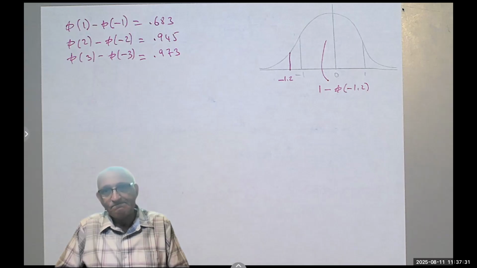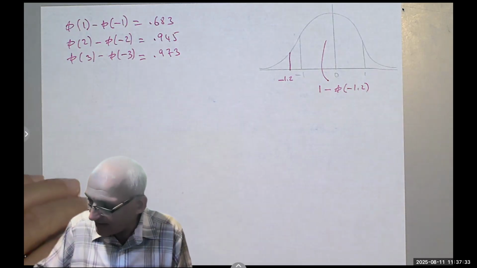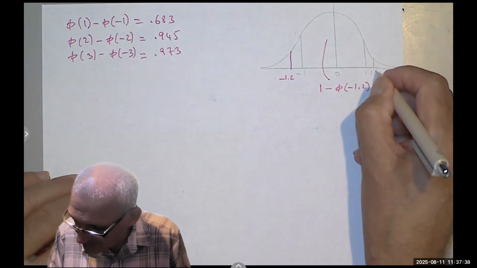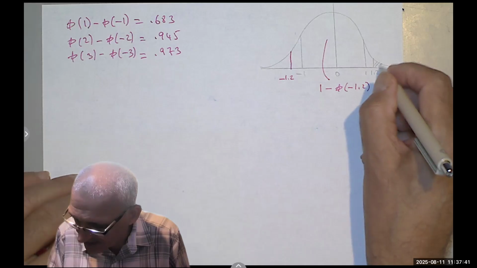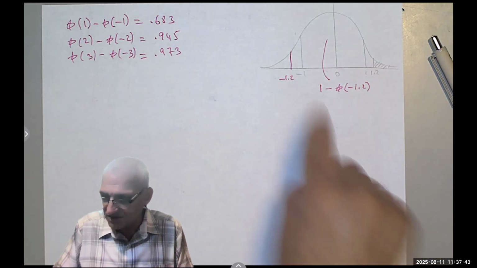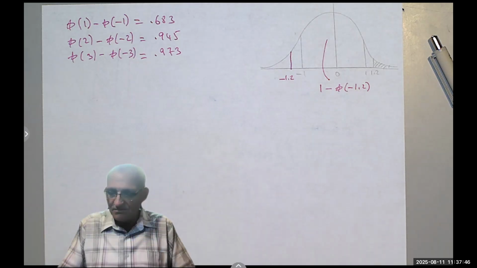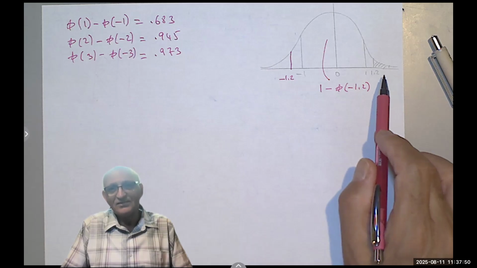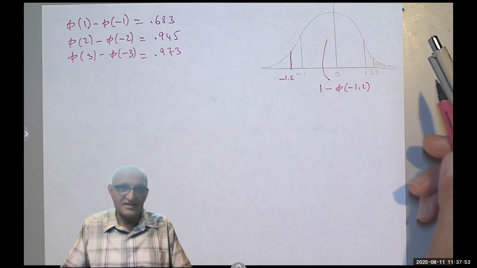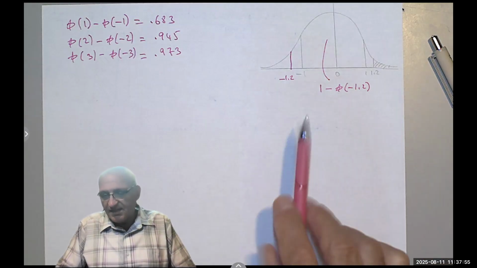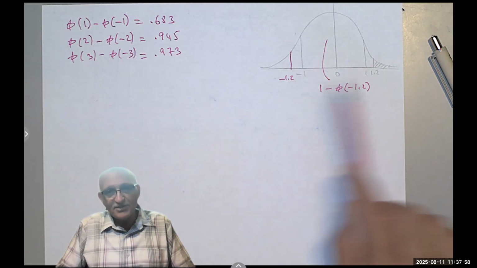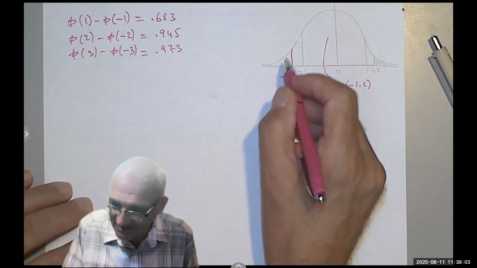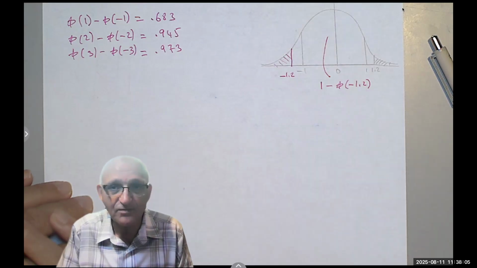Okay? What if I have to find the area to the right of 1.2? This area. So I'm using the pencil to distinguish it from that total area. How do I find this area? Well, it's not drawn to scale, but because of the symmetry of the distribution, the area to the right of 1.2 is exactly the same as the area to the left of negative 1.2.